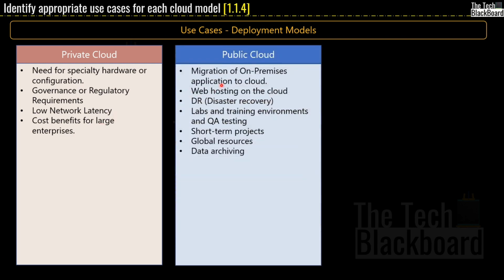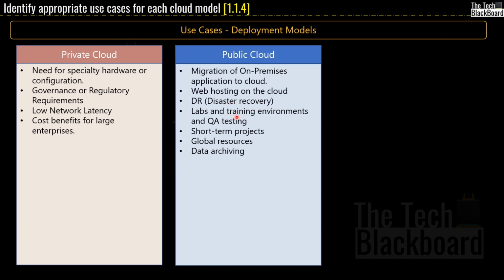Now let's check out public cloud. The first and very obvious use case for public cloud is migration of applications and solutions from an on-premises data center. A very natural and first choice for many enterprises when they are moving from on-premises data centers to cloud technologies. The second use case is web hosting on cloud. And then we have disaster recovery, which is another big use case for public cloud.